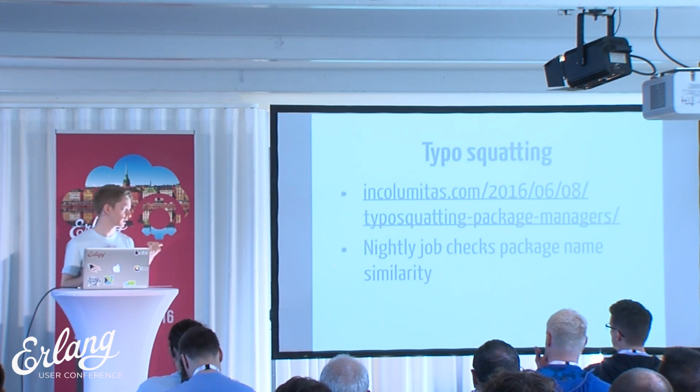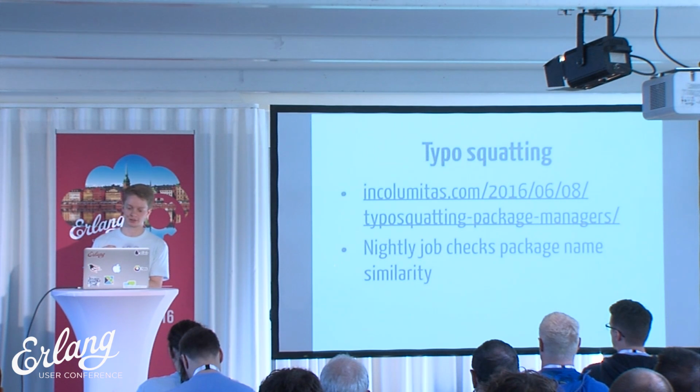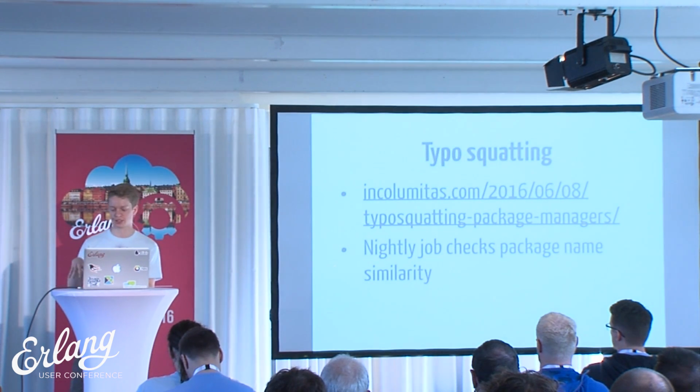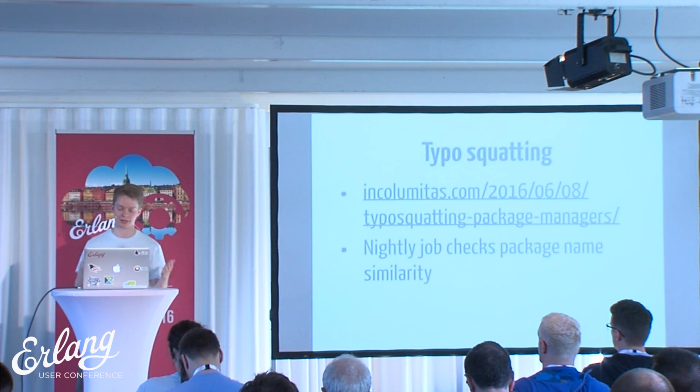We have very simple protection against this right now. We just have a nightly job that runs every 24 hours that checks the similarity of new packages that day against existing packages. If they are too similar, admins are notified and they can do a manual review.